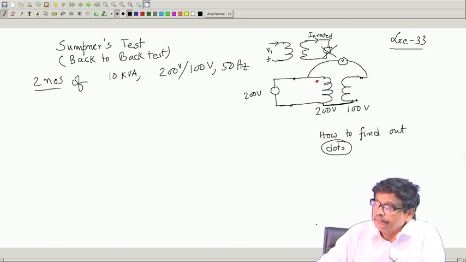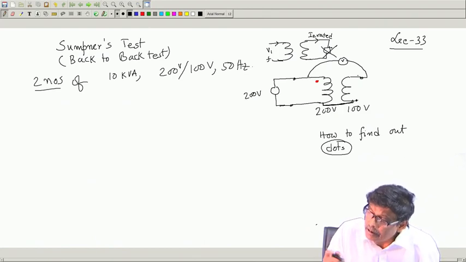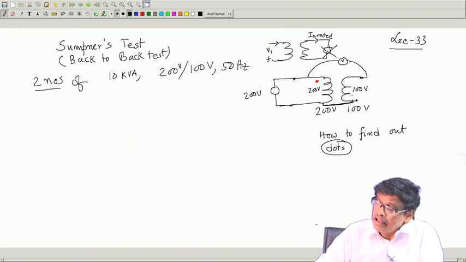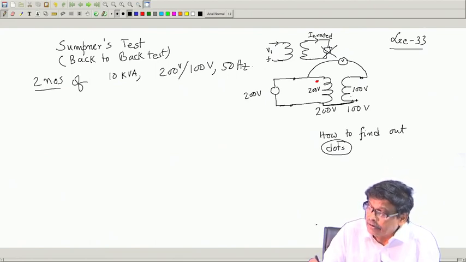That is what you do. Now, the moment you apply 200 volt here, no matter whether you have connected this or not, by transformer principle 100 volt will appear here. And this 100 volt, I am not sure whether this is dot or this is dot.